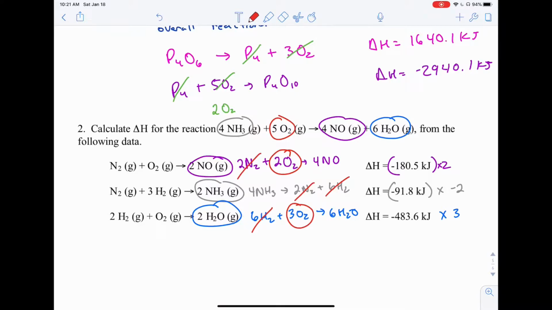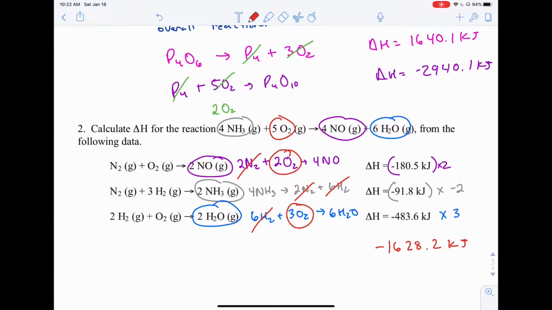Okay, I got negatives. Yeah, this looks right. Negative 1,628.2 kilojoules by adding those three values together.